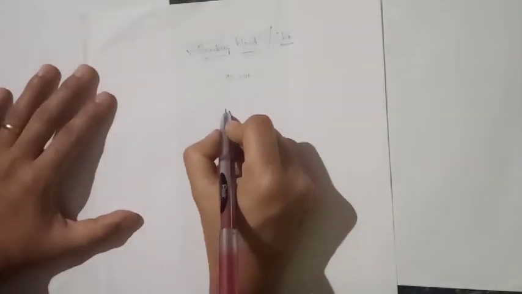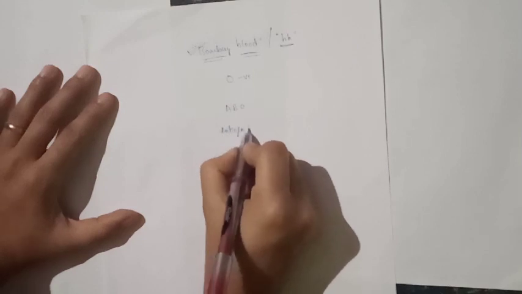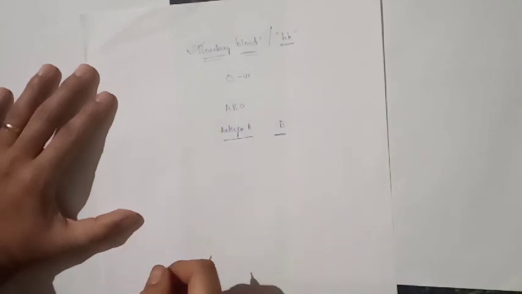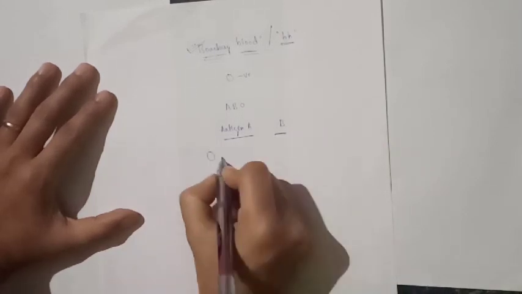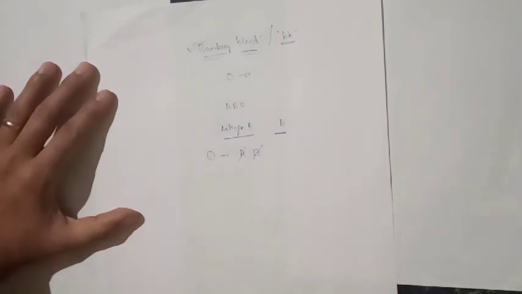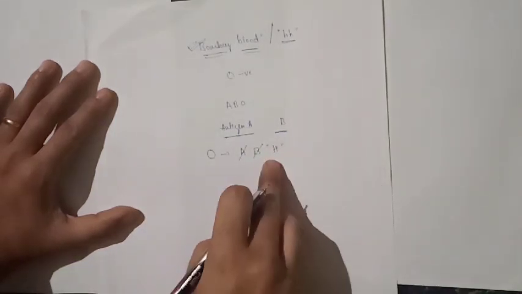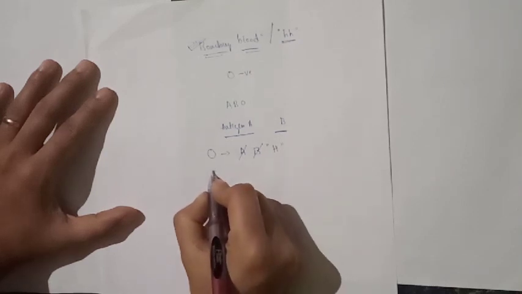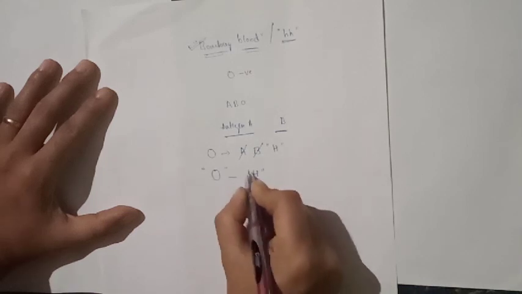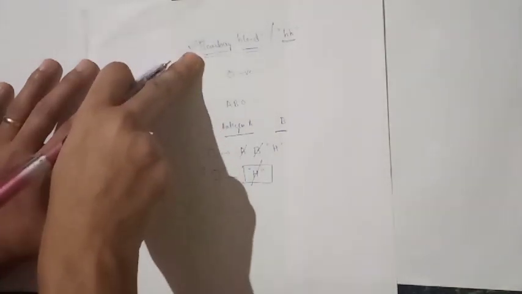Try to understand. As we all know, in the ABO blood group, antigen A and antigen B are responsible. In blood group O, both antigen A and B are absent, but it consists of antigen H. Suppose in blood group O, this antigen H is absent, then the blood group becomes Bombay blood group.